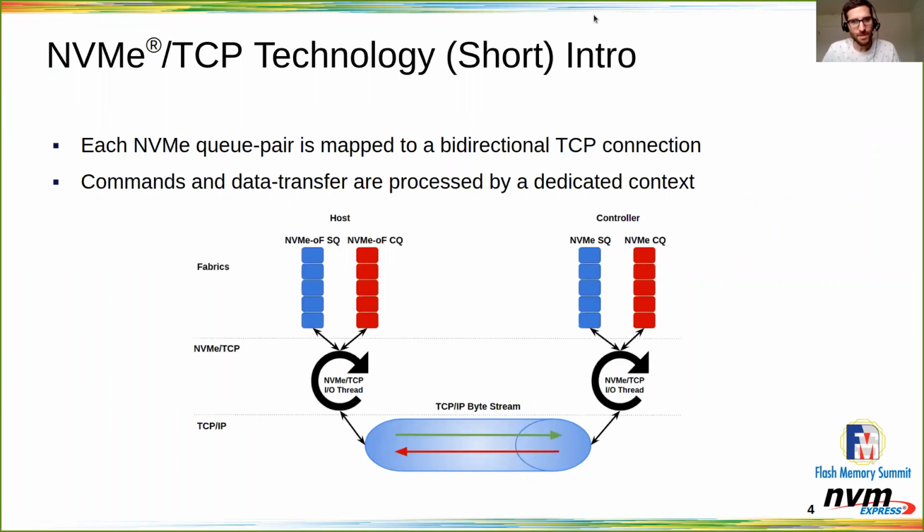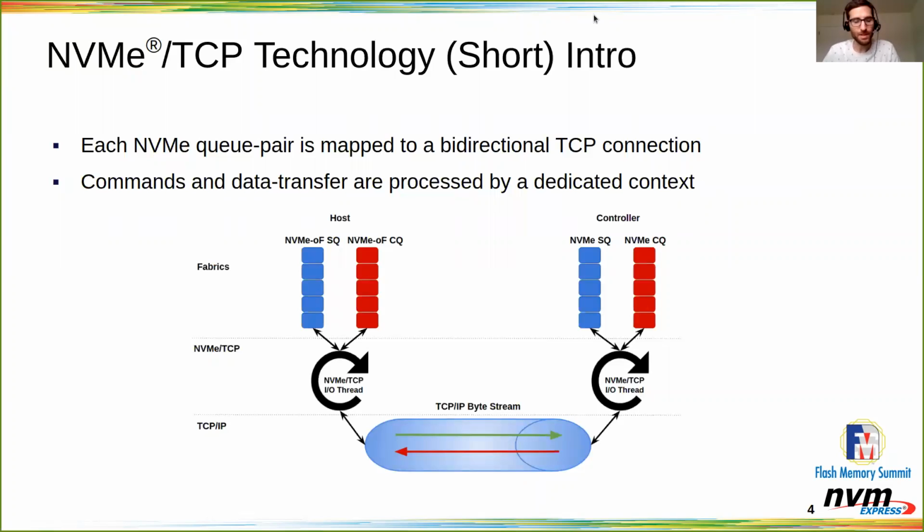So how is a queue processed, or how is it defined in NVMe over TCP? Basically, each queue maps to a bidirectional TCP connection, and command and data transfers are usually processed by a dedicated context, be it in software or somehow in hardware. In the diagram here, on the left-hand side, we have the host that has a queuing interface to the NVMe transport itself, with a submission queue and a completion queue.